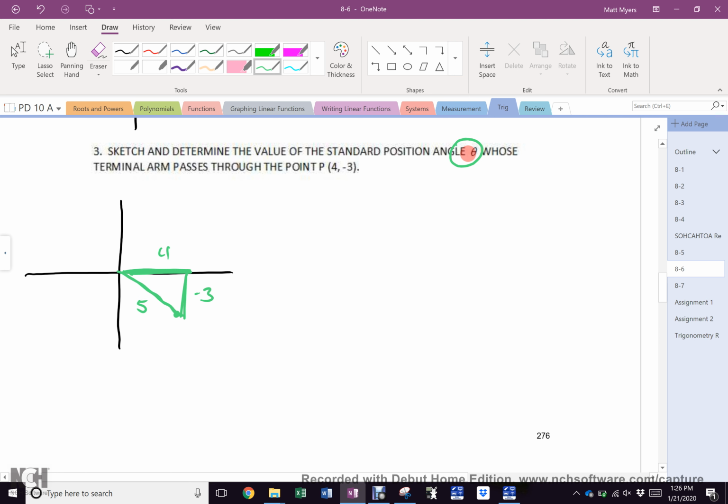Now, I want the angle, right? So if I'm looking for an angle in trig, is this sine, cos, tan, or shift sine, cos, tan? Shift. Now, when I have an x and a y, do I even need the r if I'm trying to find the angle? No, because we know that tan equals y over x, yes? And since I know I'm over here, tan theta equals -3/4, yes?